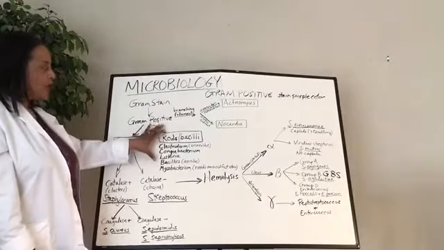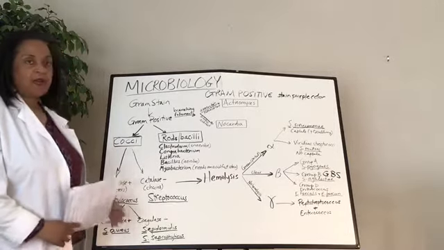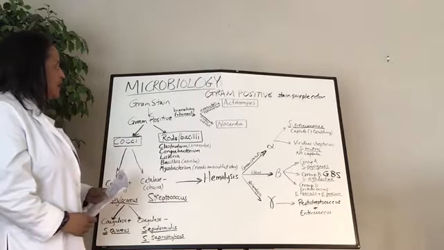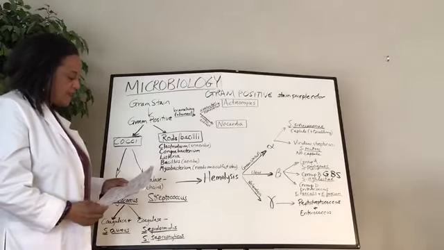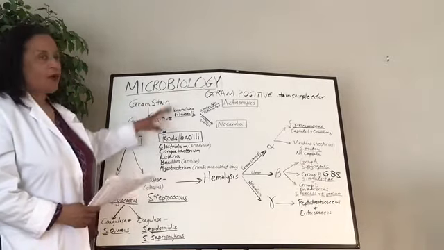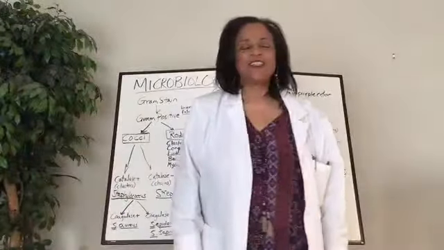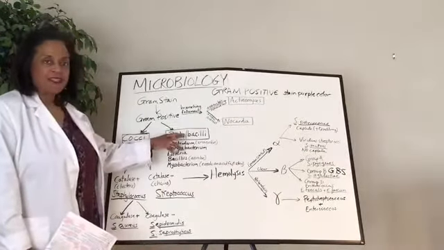Now, let's go to our last category, and we should be winding it up for this portion for the gram-positives. Okay, so let's continue on from where we are here with the rods and the bacilli.